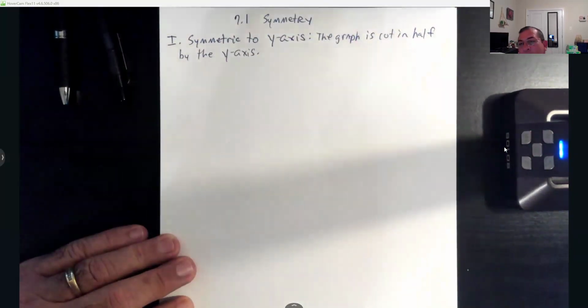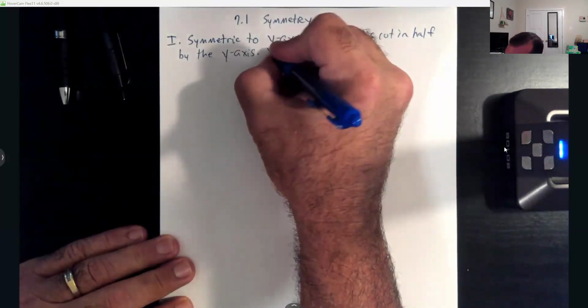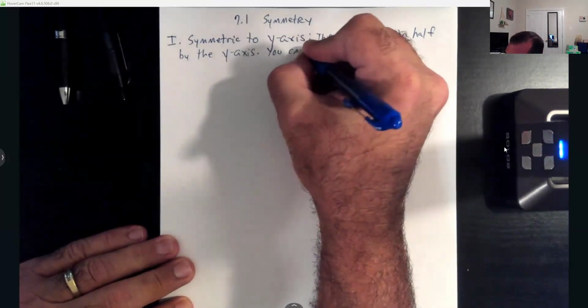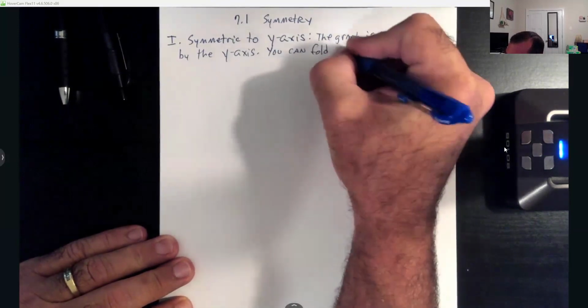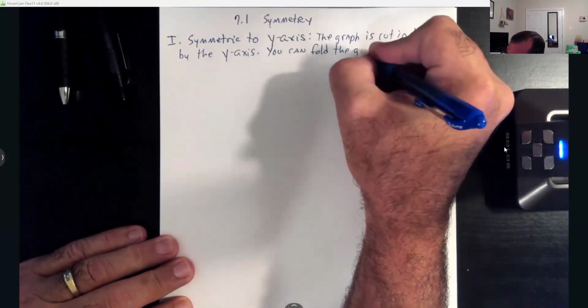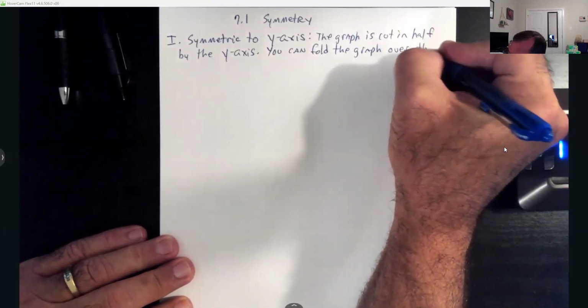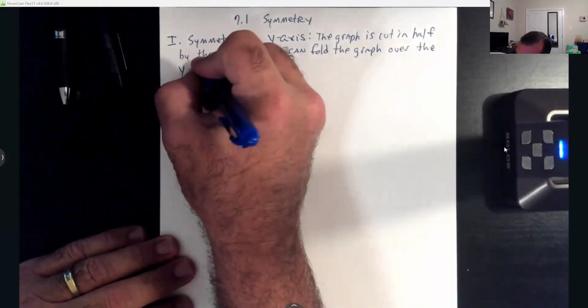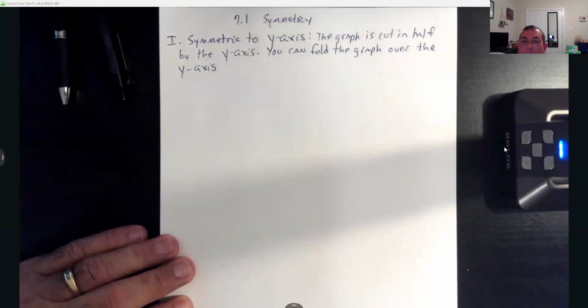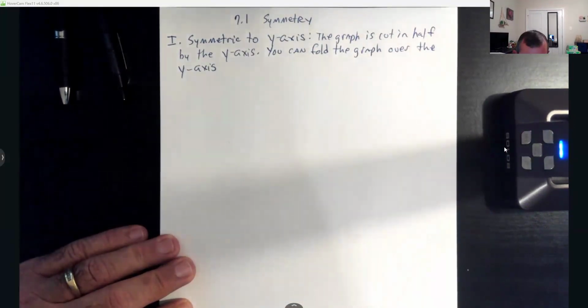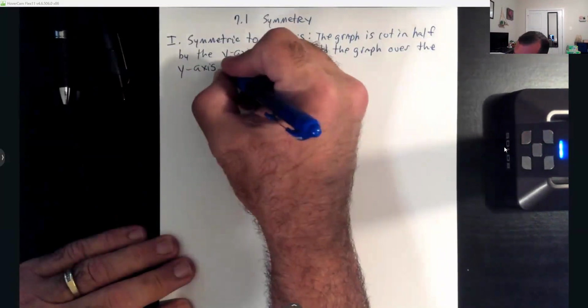So you can fold the graph over the y-axis and it lands on itself.